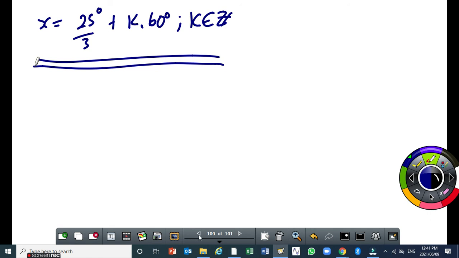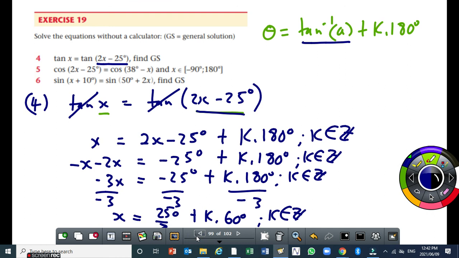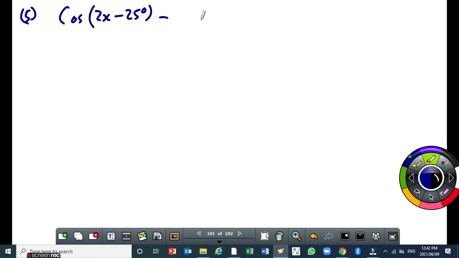Then the second one is cos. So let me start on a new page. So number 5 will be cos (2x minus 25 degrees) equal to cos (38 degrees minus x).